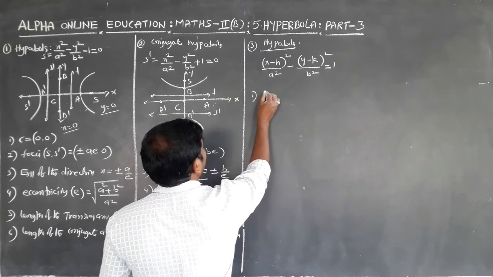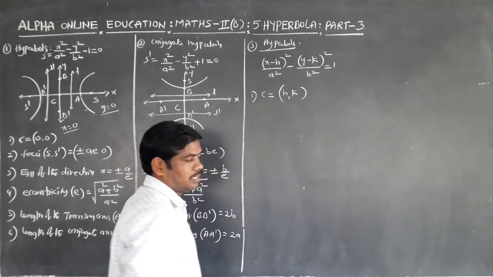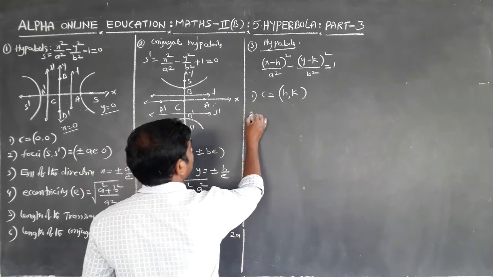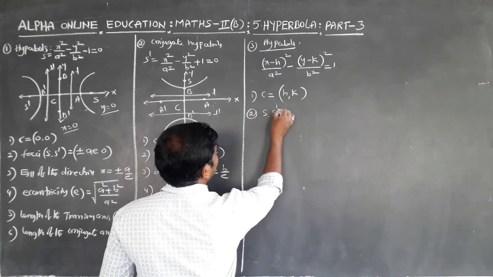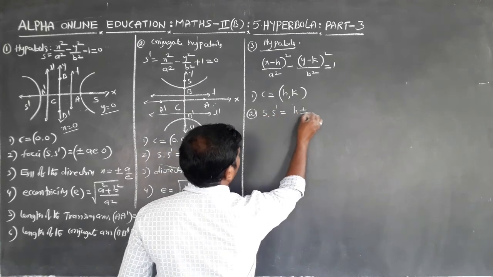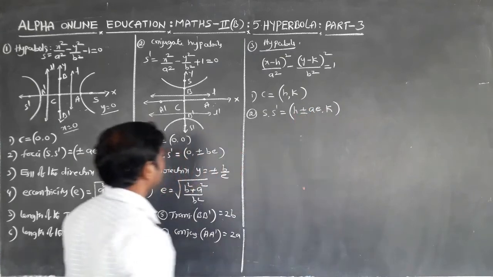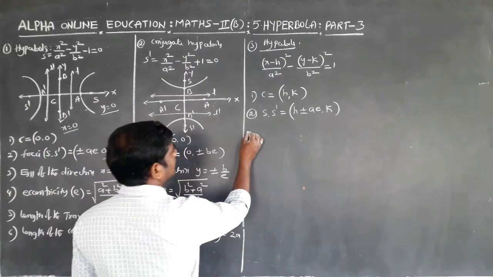The center of the hyperbola is h comma k. Second one, foci S and S dash equal to h plus or minus ae comma k.